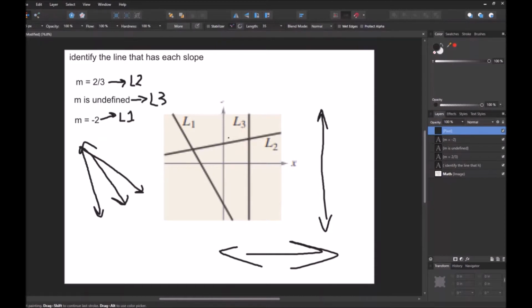Whereas as the slope gets closer and closer to 0, the slope becomes more gradual. So a positive 1 slope looks like that, and then maybe a 1/2 slope looks like that, and then a 1/3 slope looks like that, and so on. So those are some other indicators you could use to solve this problem.